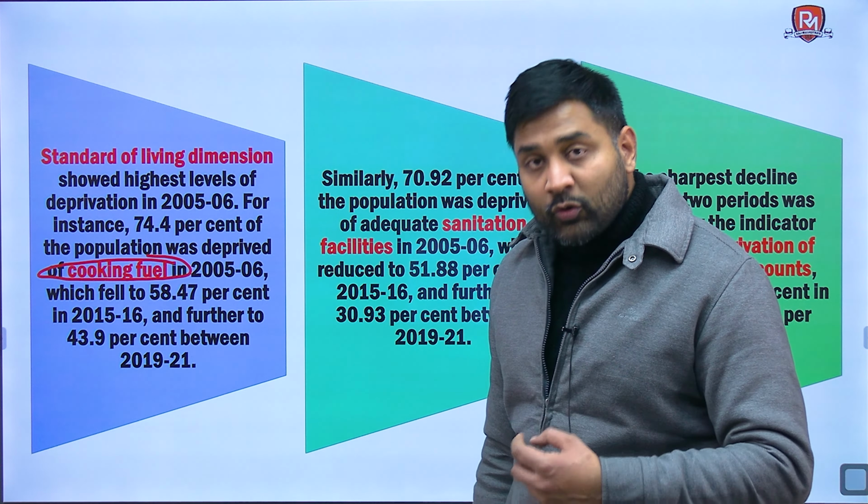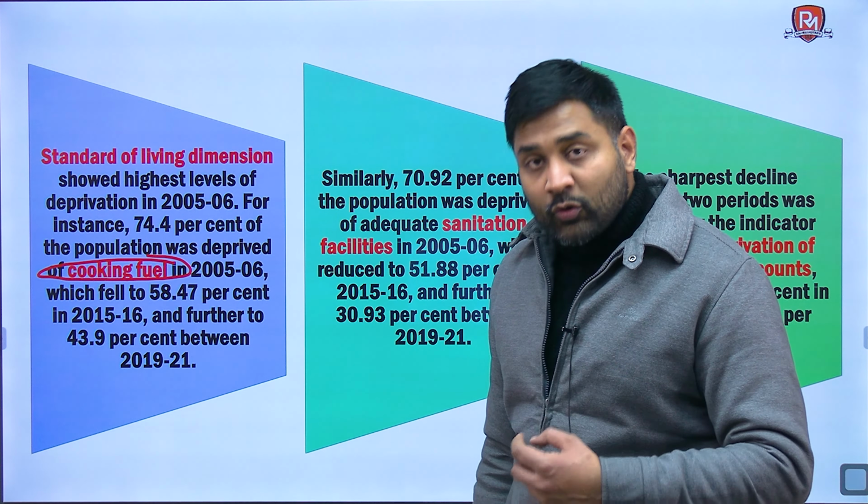As per 2019-21 data, the deprivation has been reduced to 43.9%. Earlier it was 74.5%, meaning near about 74.5% of the population did not have access to cooking fuel. Now this has been reduced to just 44%. So, the overall access to cooking fuel has increased in India.